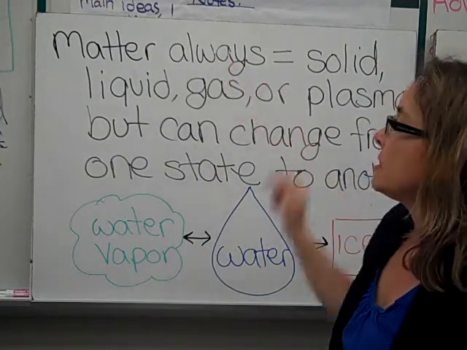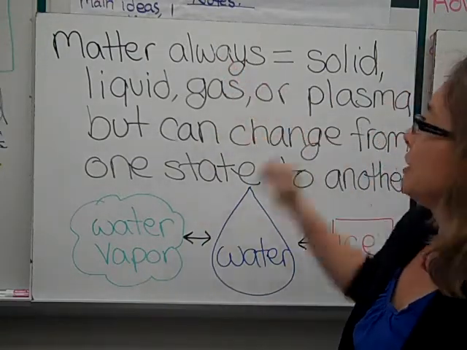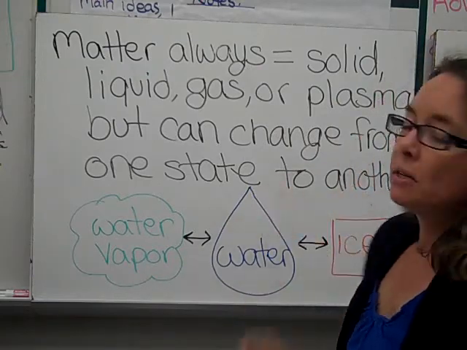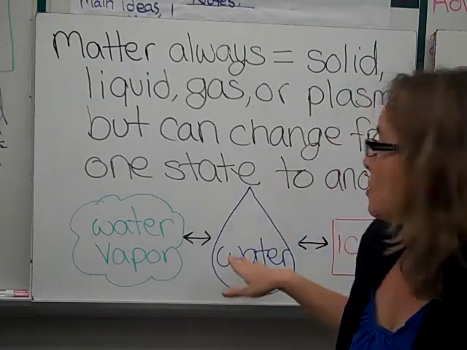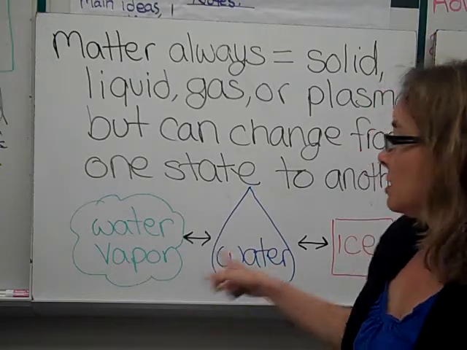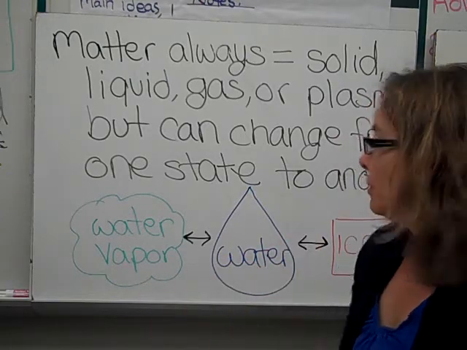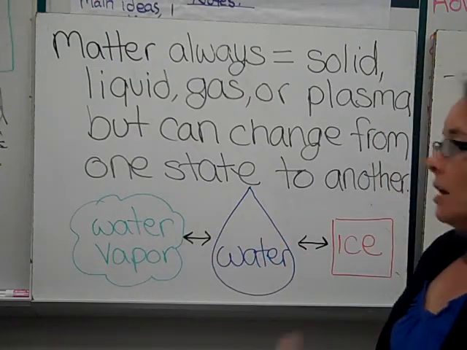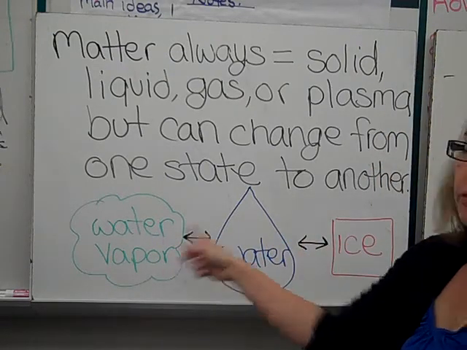Matter always exists as a solid, liquid, gas, or plasma, but it can change from one state to another. So water, for example, is constantly changing through the water cycle from a water vapor into liquid water, into ice, and back and forth.